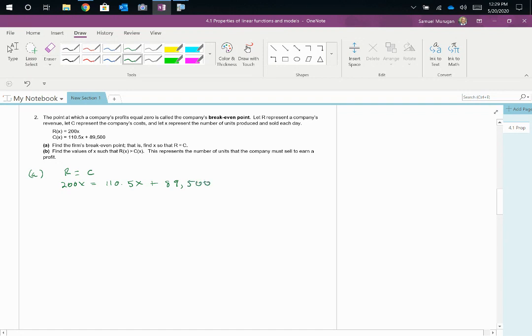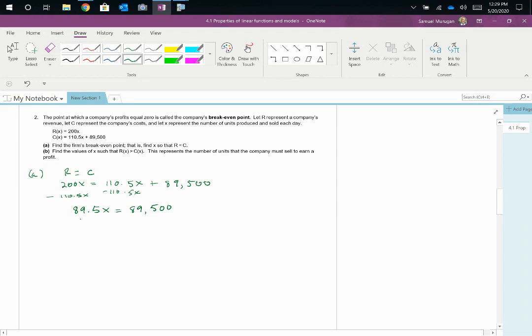So taking away 110.5x from both sides, we get 200 minus 110.5, 89.5x is equal to 89,500.